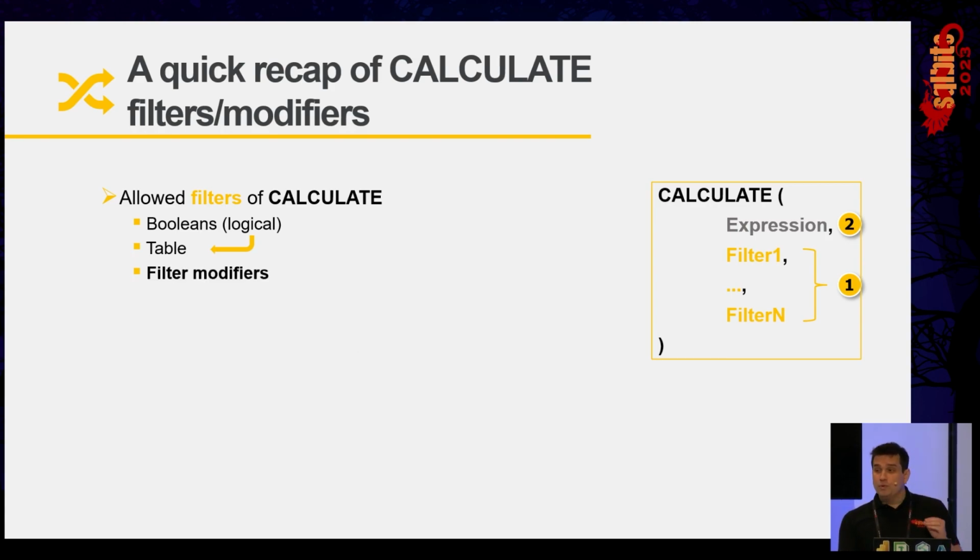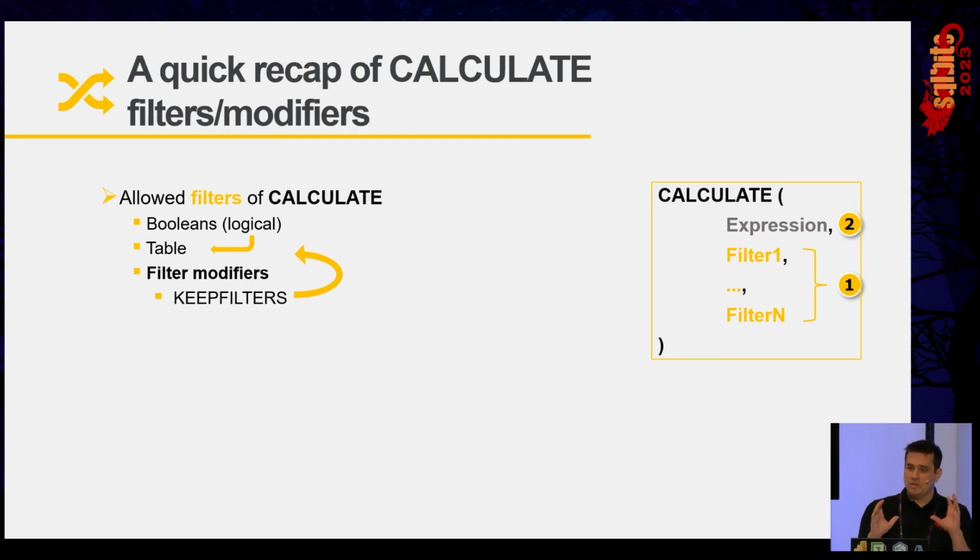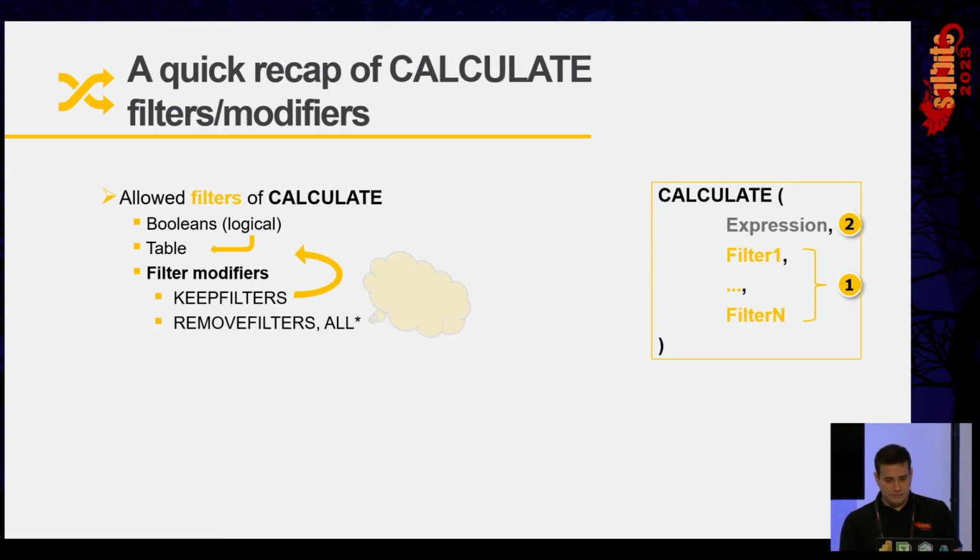There are also filter modifiers. The first one is KEEPFILTERS. KEEPFILTERS accepts the same kind of argument, can be a Boolean expression or a table expression, but it changes the default way of filter propagation that we're going to see a little bit further.